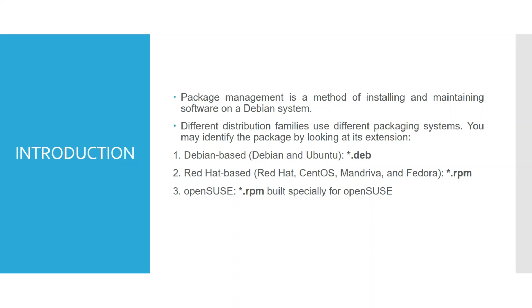If you find any .rpm package, it can work for these operating systems. The third one is OpenSUSE. OpenSUSE also uses .rpm, but it's a special RPM which is built for this particular operating system.